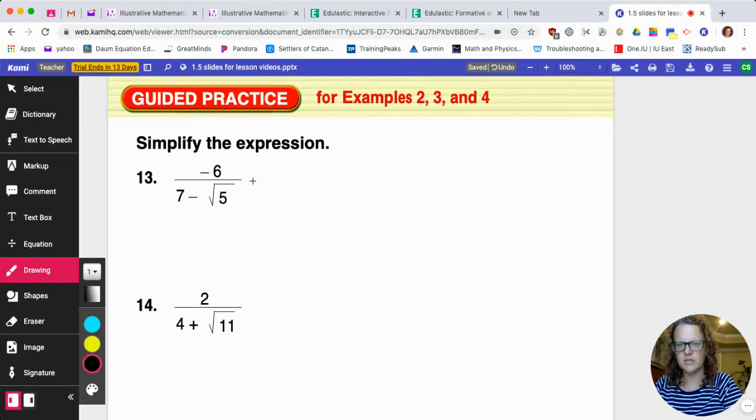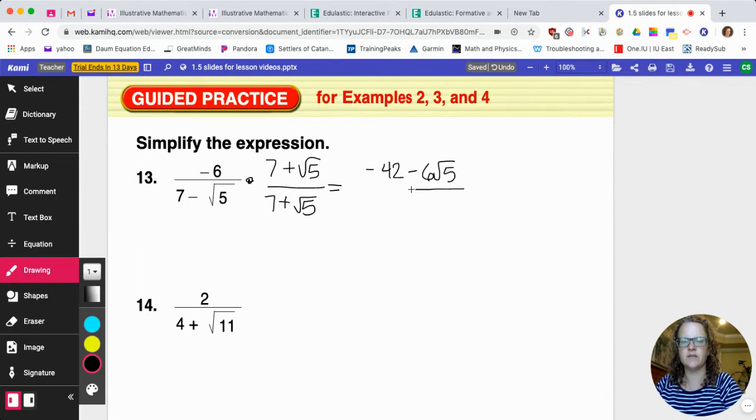Okay, I'm going to do this one with you. I'm going to multiply by the complex conjugate pair. See how I just take the denominator and I change the sign? I can distribute the numerator. -6 times 7 is -42, minus 6 root 5. And then denominator, I'm going to FOIL. First is 49.